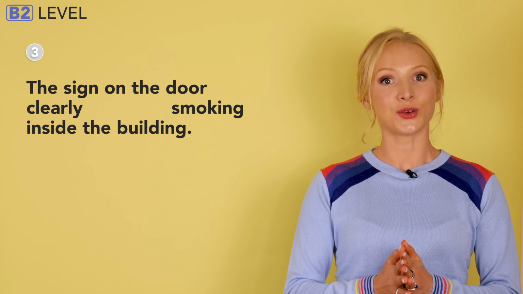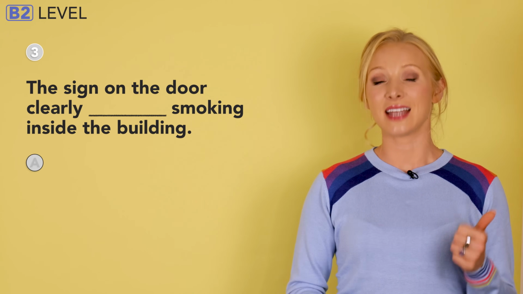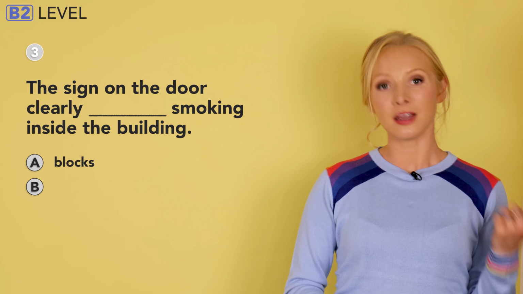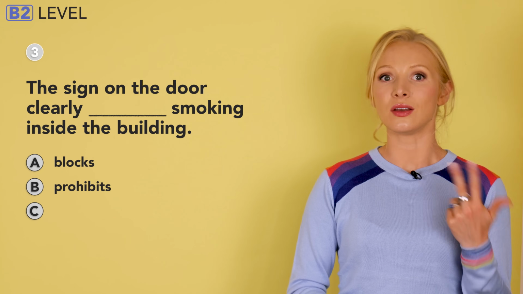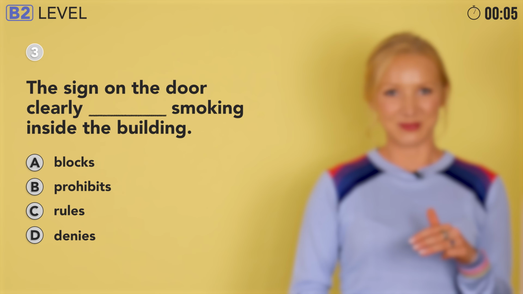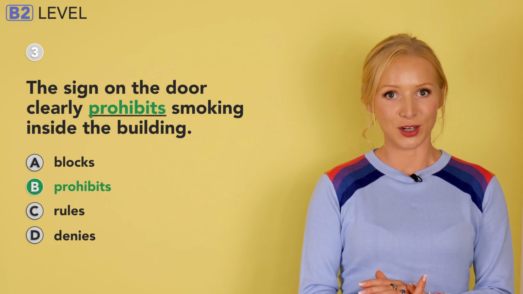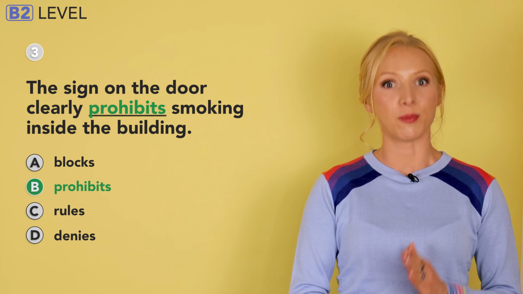Moving on. Number 3, the sign on the door clearly what smoking inside the building. Is it A, blocks, B, prohibits, C, rules, or D, denies? B, prohibits is the correct word, meaning to officially forbid something. Okay, next one, number 4.